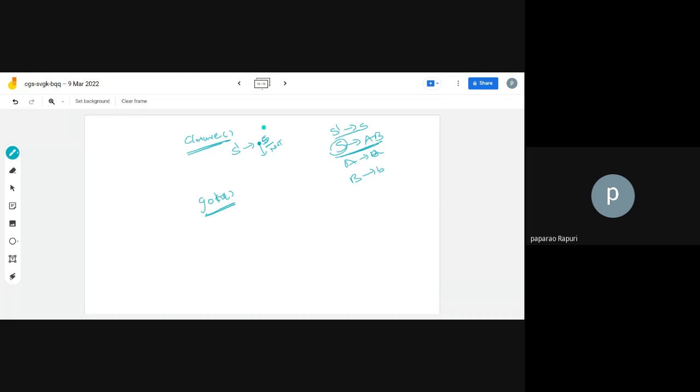So here S is the non-terminal and S is producing this one, so S derives dot AB.